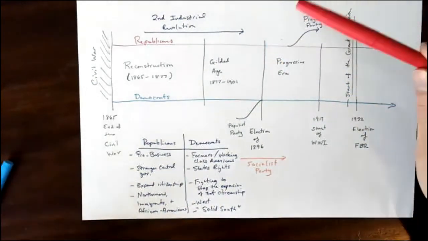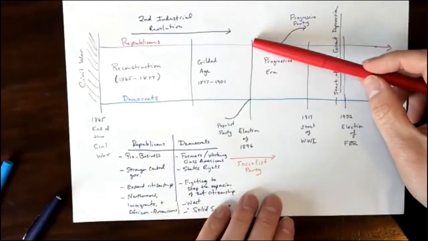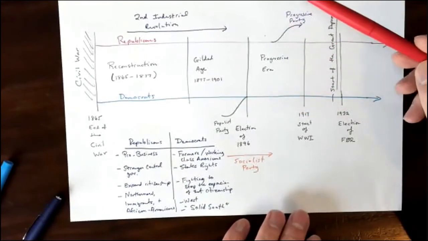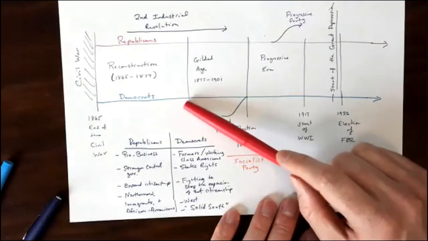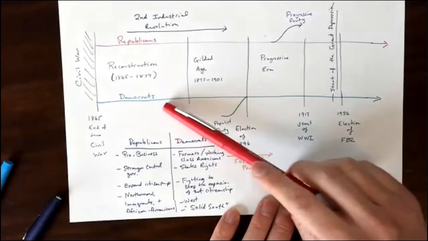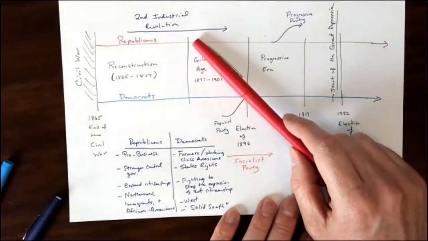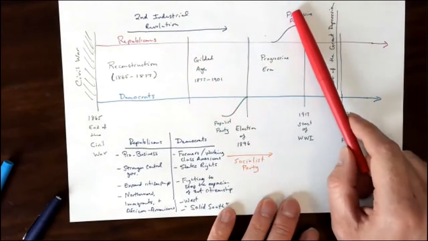McKinley becomes the president in the election of 1896, and this signals a major shift in power in the United States from rural America, which had traditionally been the Democratic Party, to urban and industrial America, which is now the Republican Party. And we see that in our fourth era.